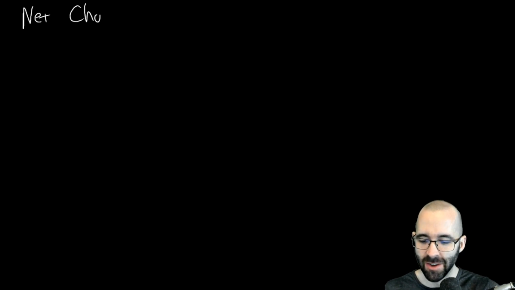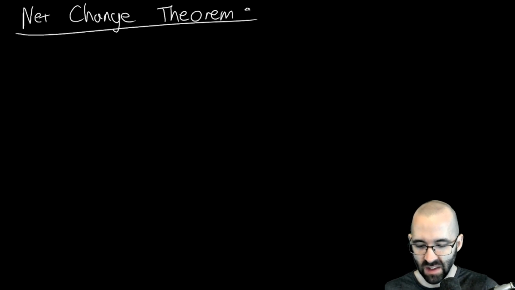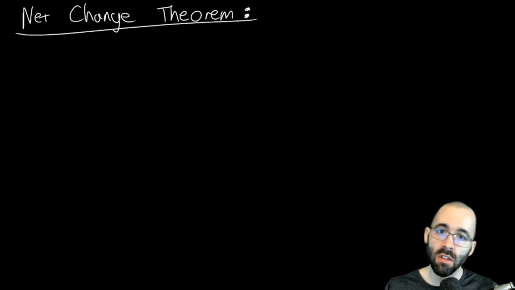But before we get there, we want to introduce a new theorem. Okay. And that's called the "net change theorem." The quotation marks will become obvious soon. So basically, there are some assumptions that you can make, but basically, this is just a relationship between a derivative of a function, the area under the curve, and the net change.